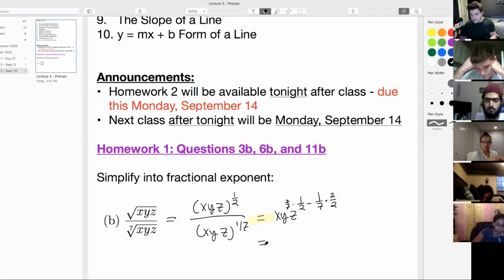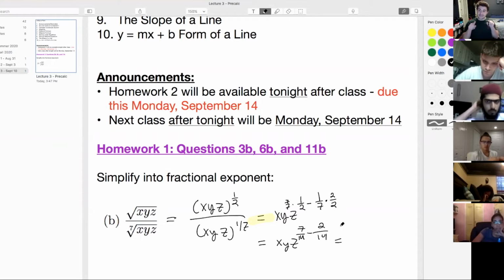All right, so that will be xyz to the 7/14 minus 2/14. Okay, and then since we have the same denominator, we can just subtract across the numerators. So final answer will be xyz to the 5/14 power.